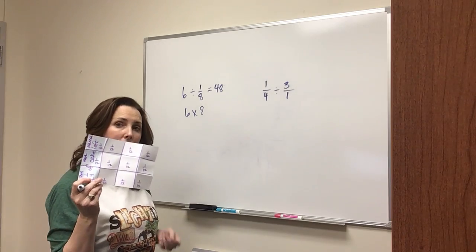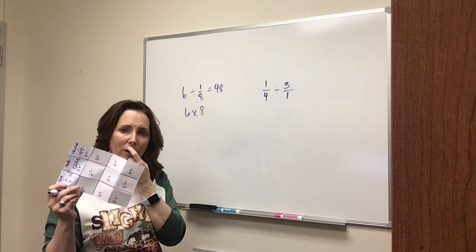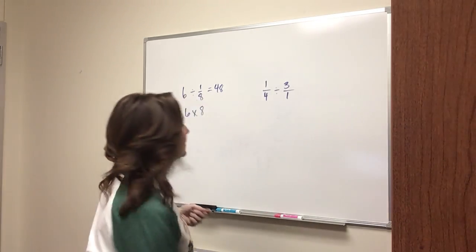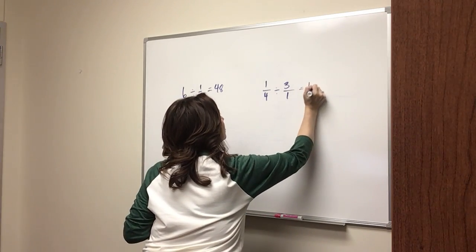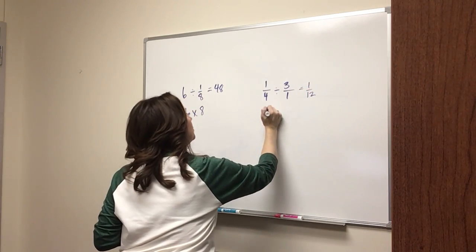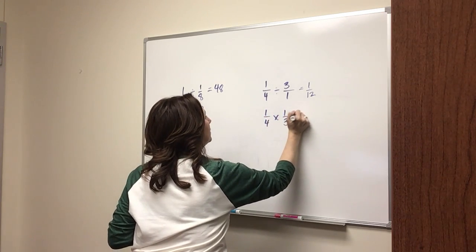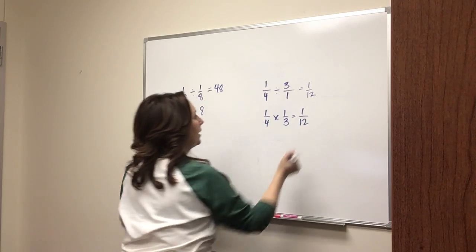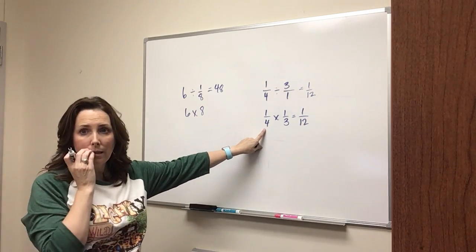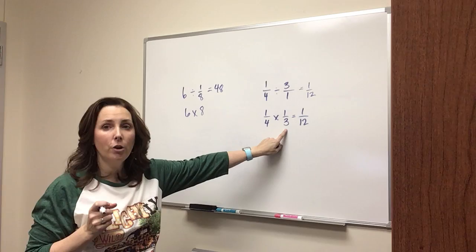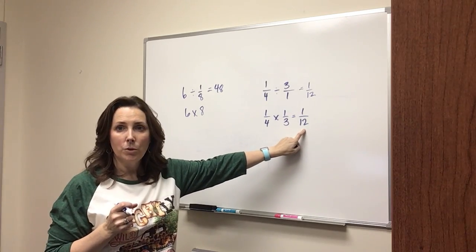The problem that we just solved, we know we each get 1/12. So if we make this connection, we know this is 1/12, and it's multiplying by the reciprocal. This would be, I got 1/4 of a cake, each of us got 1/3 of it, each part was 1/12.